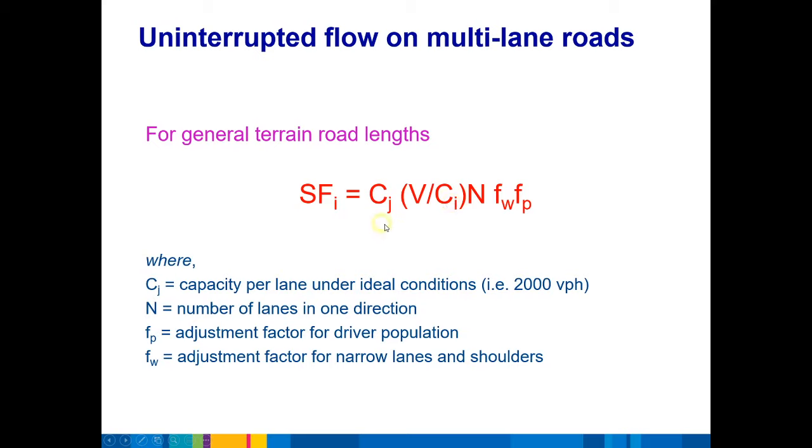We can have other factors for presence of shoulders and this sort of thing. Basically, it breaks down to one condition of a flow rate number, a ratio between your demand and your capacity, and some factors that then decrease that value.